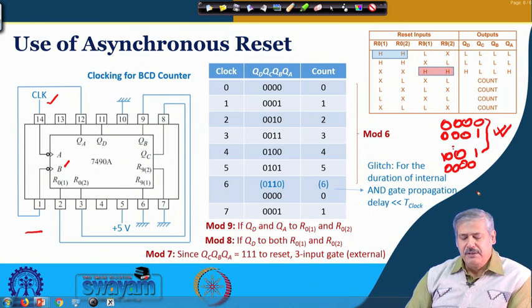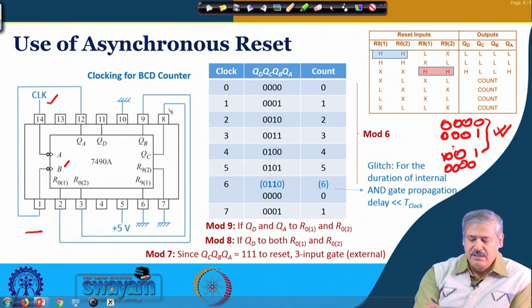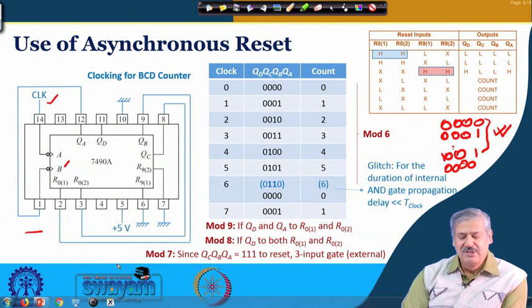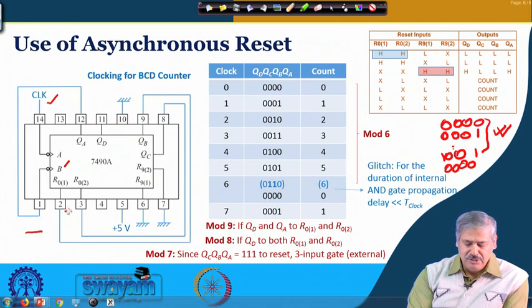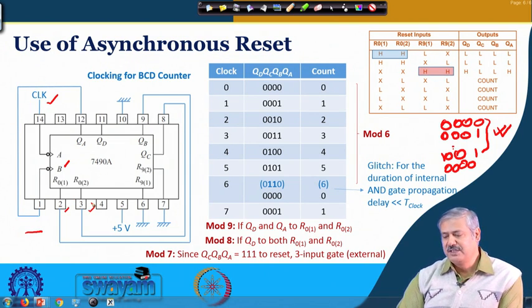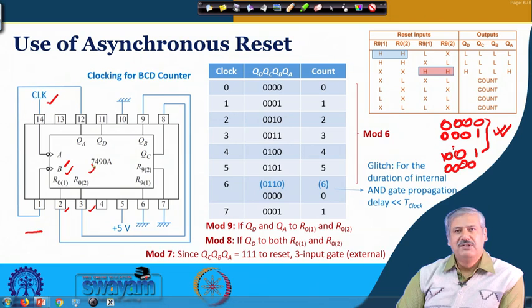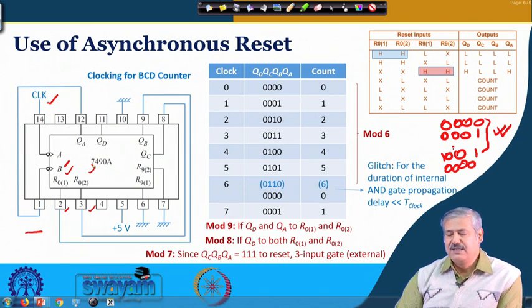Now, if you connect the QB and QC outputs, one of them going to pin 2 and another going to pin 3, these are R01 and R02. These are asynchronous reset inputs, and internally there is an AND gate.